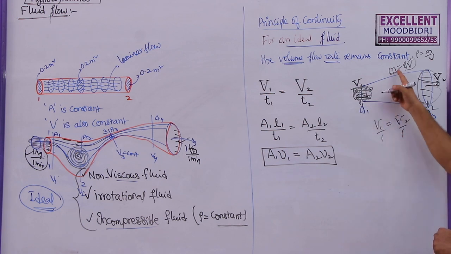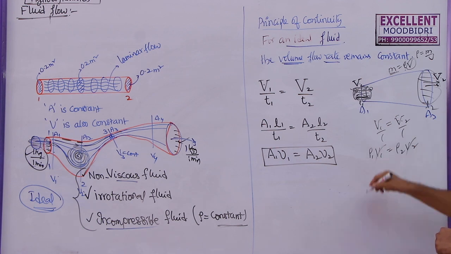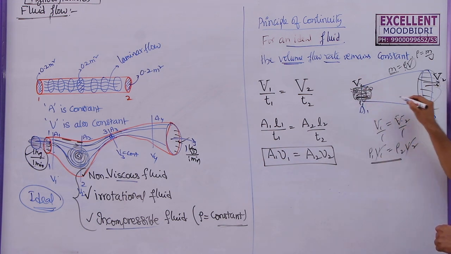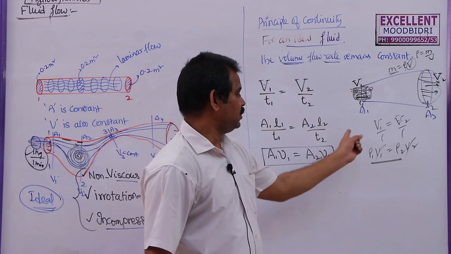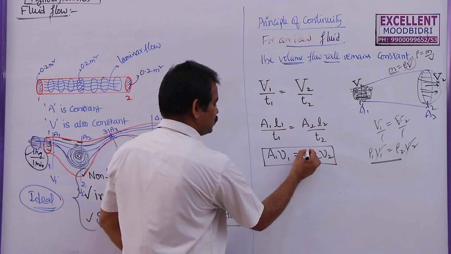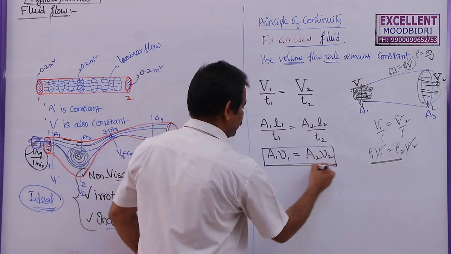Now in place of mass, I can write rho 1 V1 is equal to rho 2 V2. As V1 is equal to V2, the compulsory condition for this fluid is it should have the same density at the entry as well as at the exit. There should not be any difference in the density here. So density remains constant, and A1 V1 is equal to A2 V2. This is called the law of continuity.